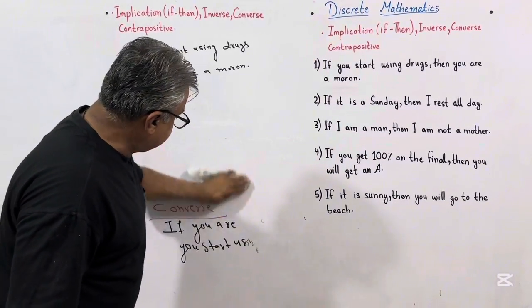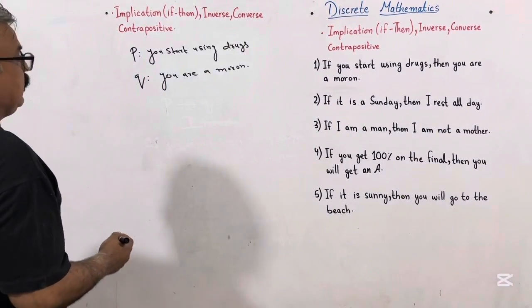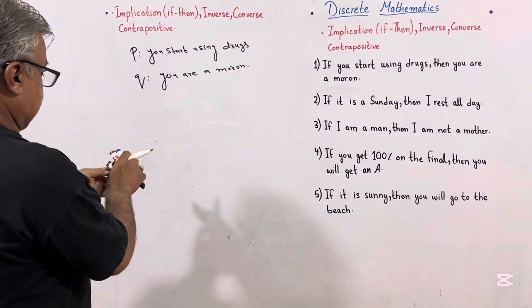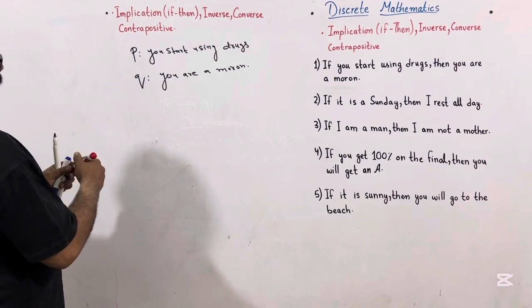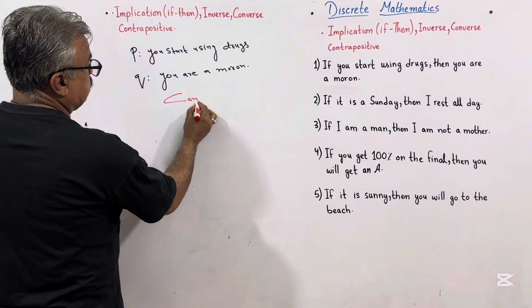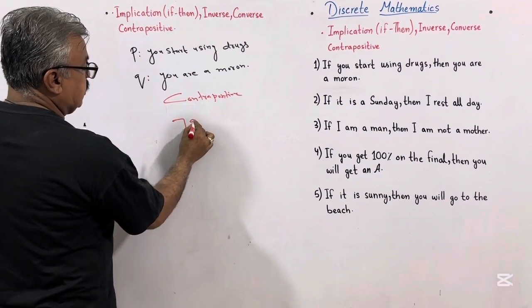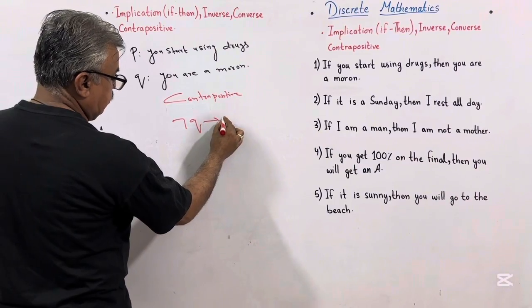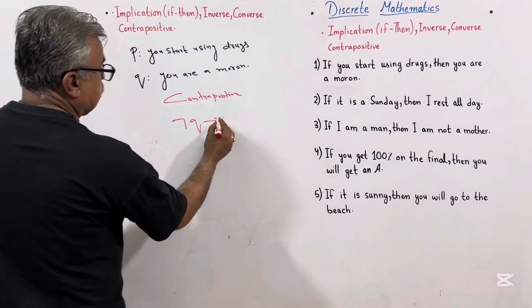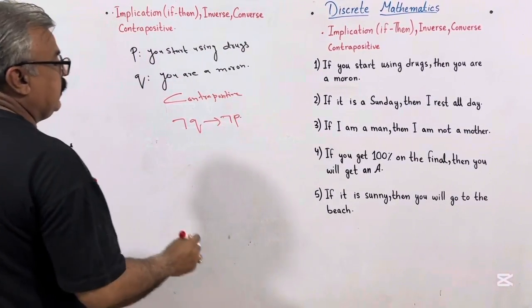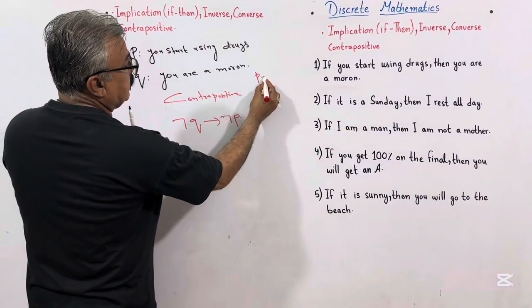The contrapositive of this statement, P implies Q, is negative Q implies negative P. This is the contrapositive of P implies Q.